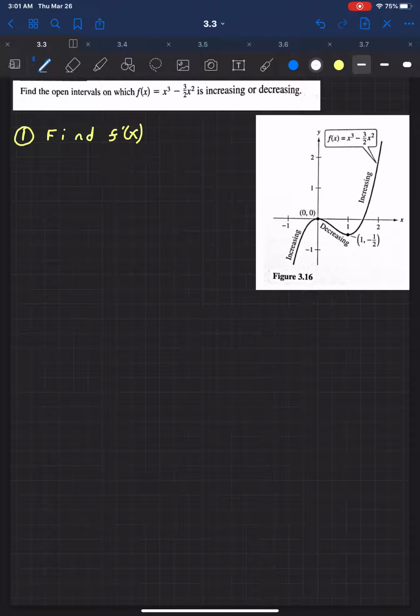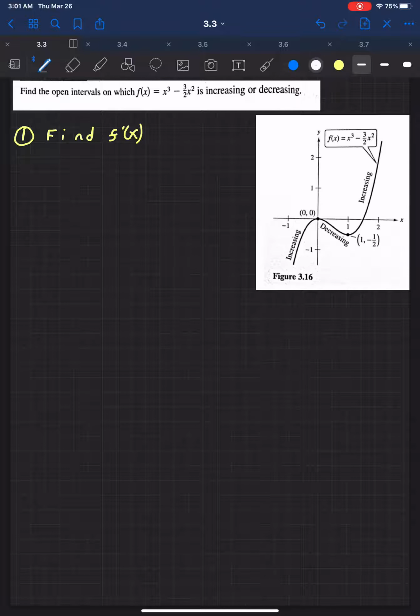Okay? So I'm going to give you a playbook. I'm going to give you some step-by-steps to help get you there. So let's start with the first step. The first step is going to be to find the derivative of f. Now, I'm not going to walk through the steps of how to do the derivatives. That was the entire point of chapter 2.